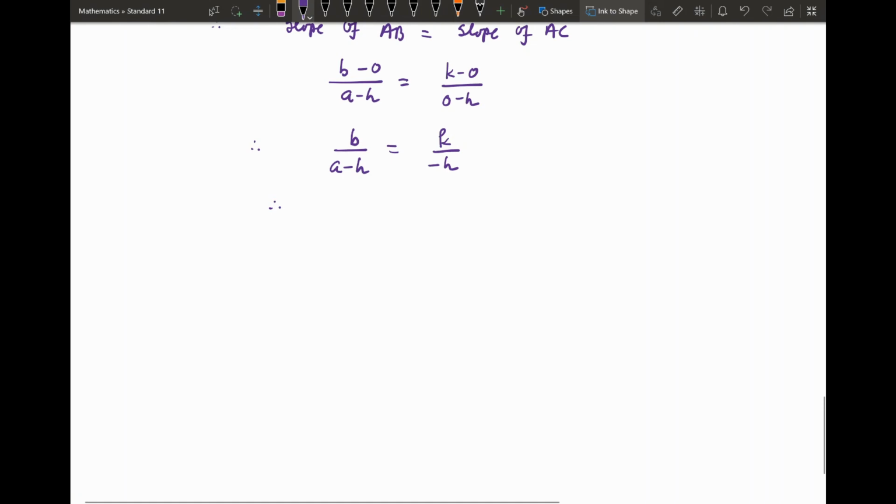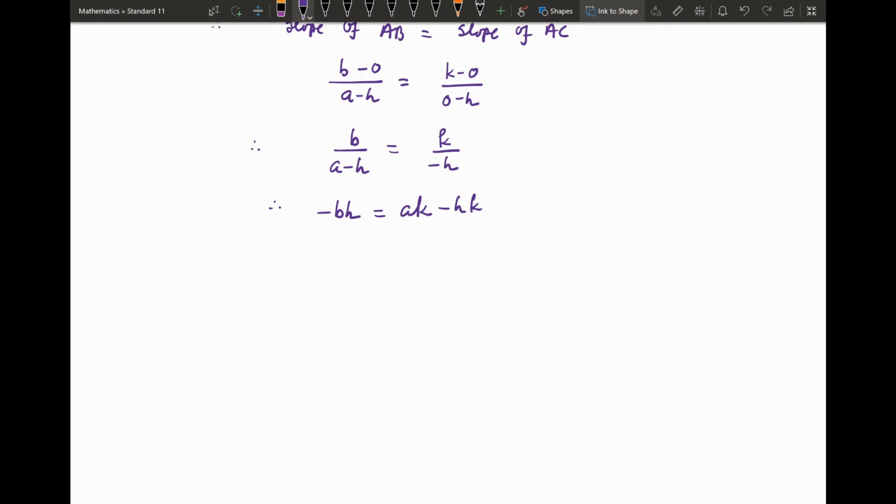Taking cross multiplication, minus bh equals ak minus hk, so minus bh equals ak minus kh.